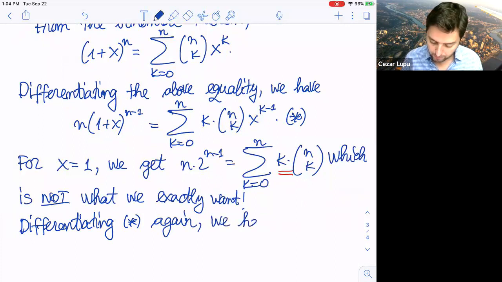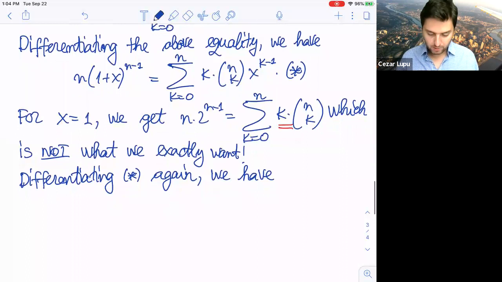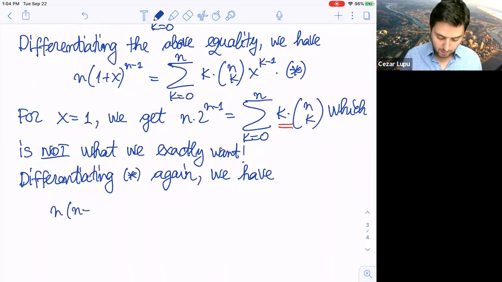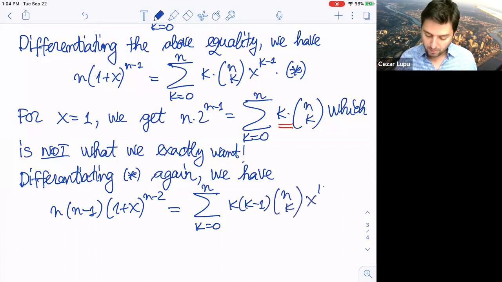Let's see, what do we have? Looking at star, we have n times n minus 1 times (1 plus x) to the power n minus 2 equal to the sum, again differentiating term by term, of k times (k minus 1) times n choose k x to the power k minus 2, right?